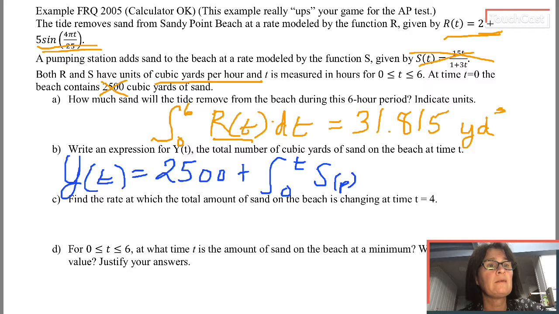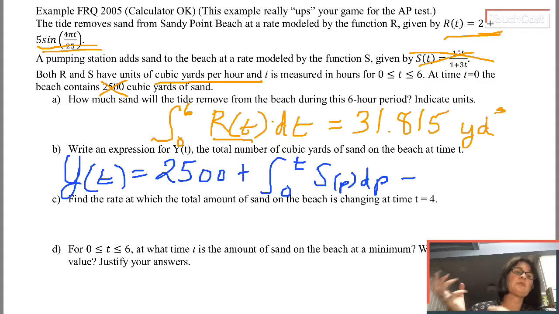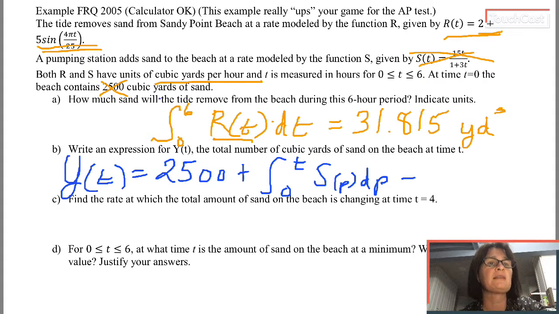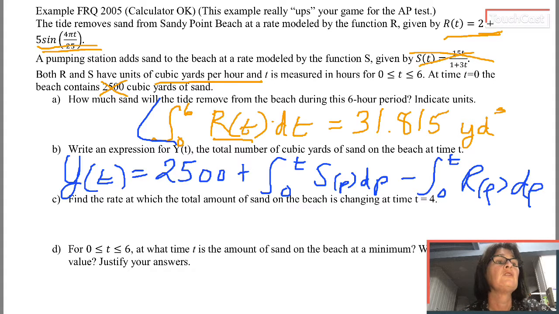Pick another letter. And I have a rate at which sand is going out, so I'm going to subtract out just this exact same integral that I wrote there, except I cannot use t. This is going to be 0 to t r of p dp.